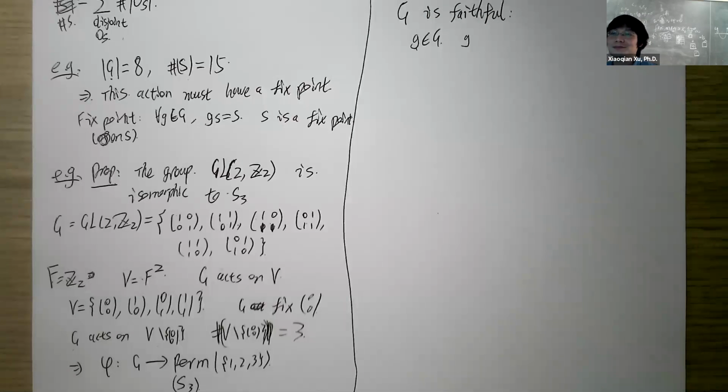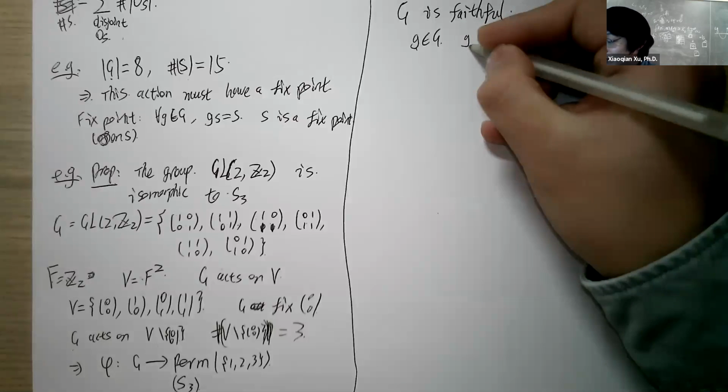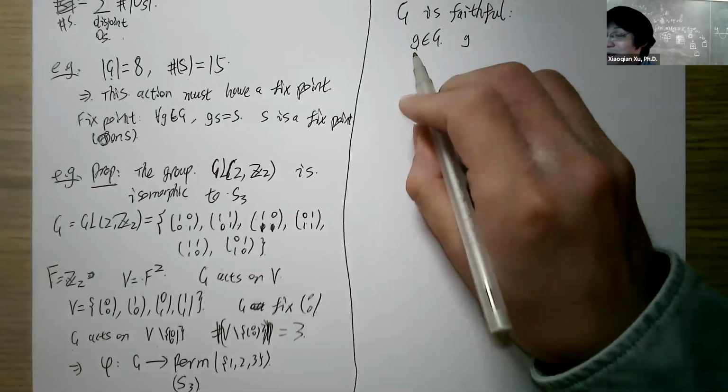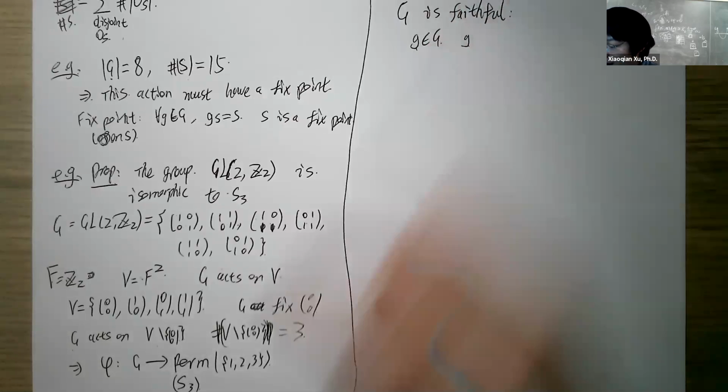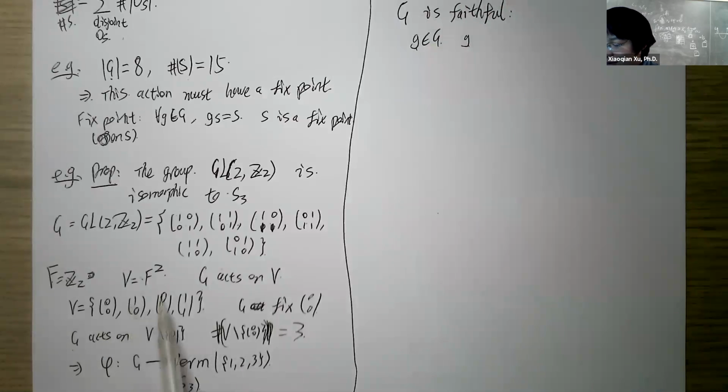Why is that? For little g not equal to the identity, g cannot map (1,0), (0,1), (1,1) to themselves. Why can't it?